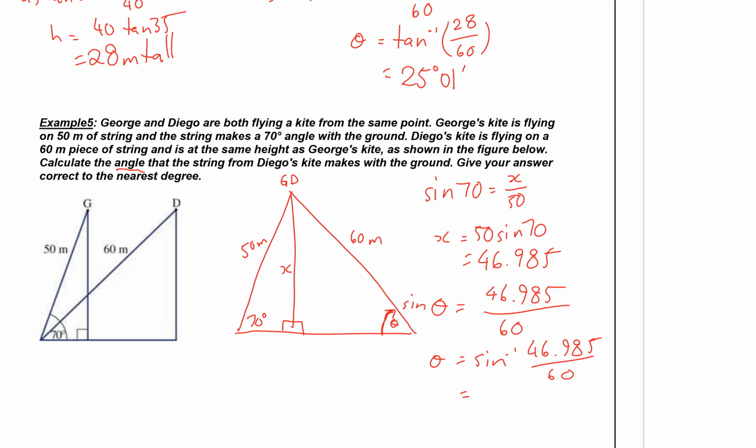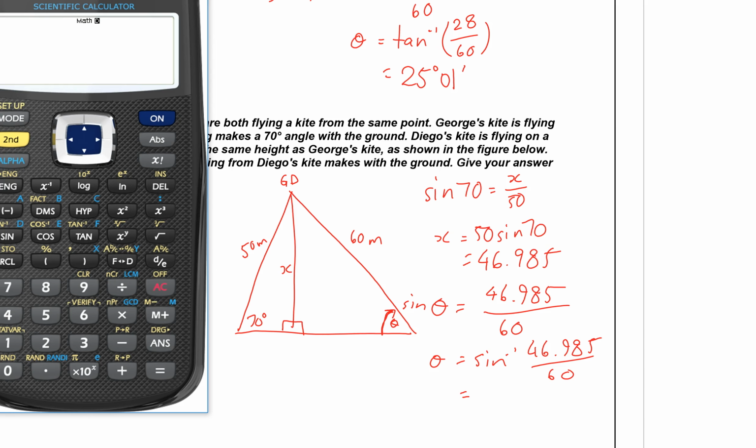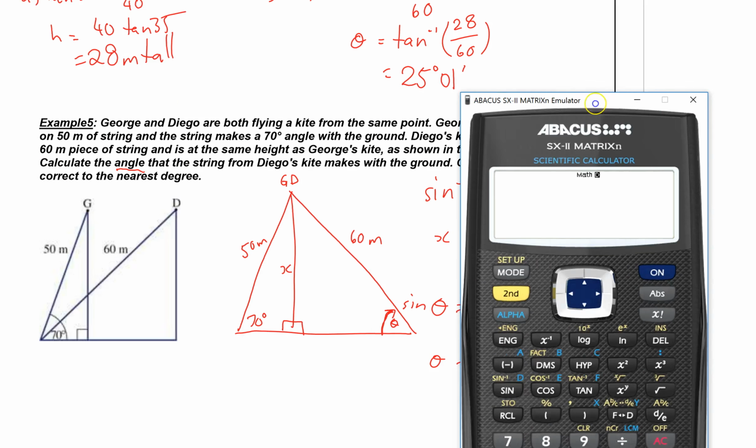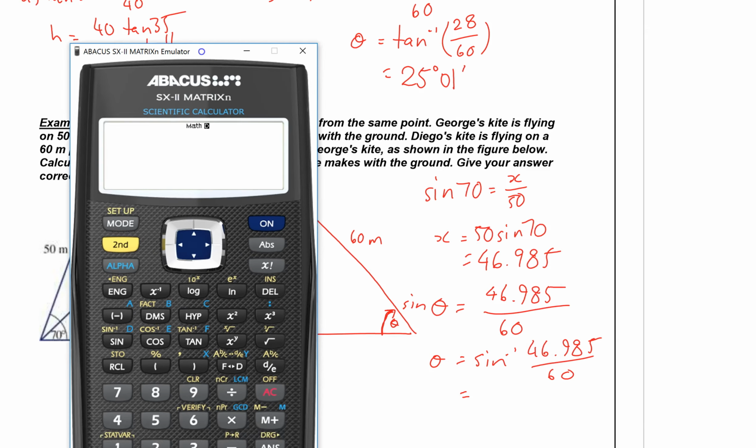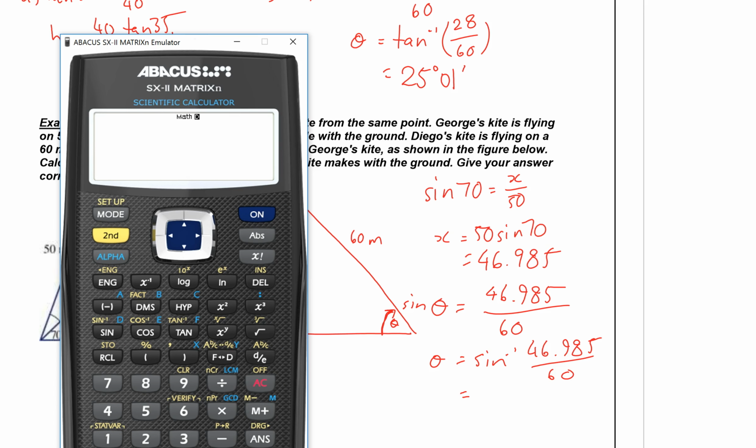Calculator back. Okay, inverse sine. Second function, sine of 46.985 over 60.